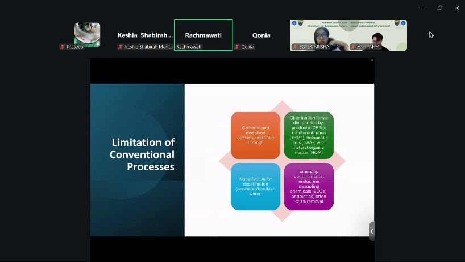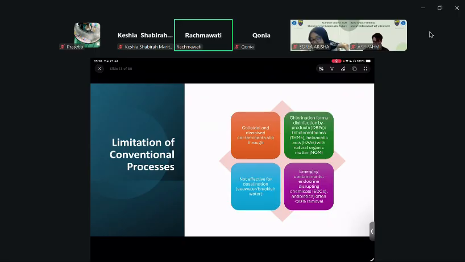But of course, there's a limitation for this method, such as colloidal and dissolved contaminants might slip through, or other byproducts like trihalomethanes or haloacetic acid or natural organic matter, which are probably still present in the drinking water. And this conventional method might not be suitable for desalination, like seawater or brackish water.